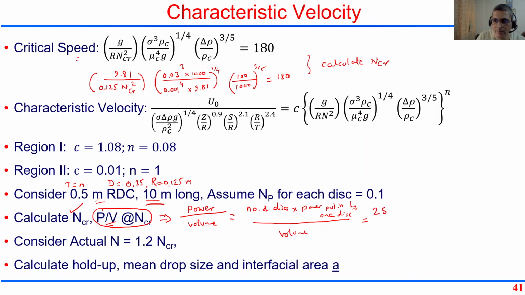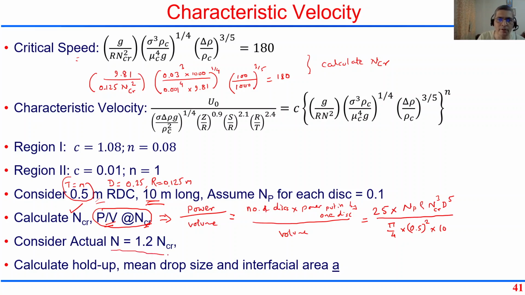So 25 multiplied by the power put in by one disc, NP rho n cube d raised to 5, where n is calculated at NCR. Volume is 0.5 meter diameter and 10 meter long, so pi by 4 multiplied by 0.5 square into 10. That will be the total volume. So that's how you would calculate power per unit volume.